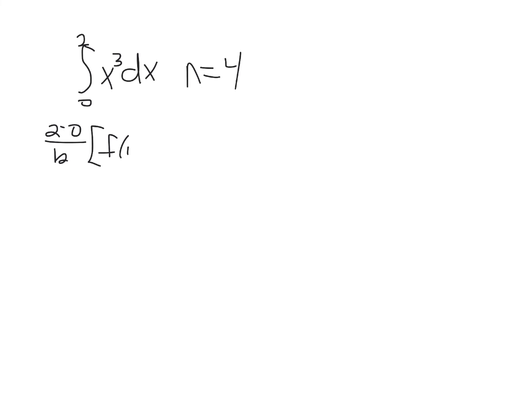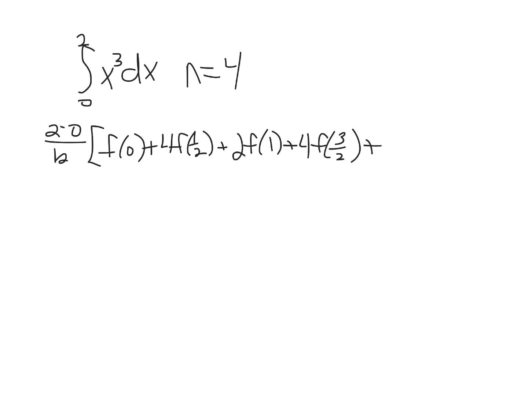Once again, the change is 1/2 because 2 minus 0 divided by 4 is 1/2. So every 1/2 you're going to be doing this. So 4 of f of 1/2 plus 2 f of 1 plus 4 f of 3/2 plus f of 2.